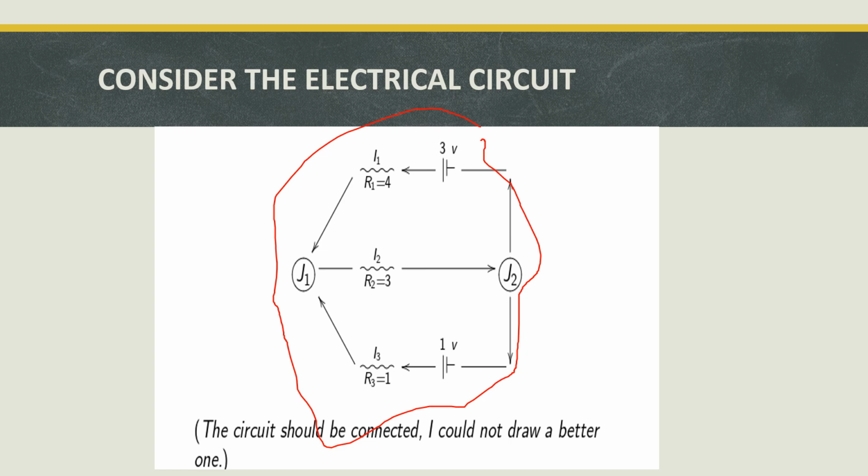Since the current 1 and current 3 is moving towards the junction 1, the equation would be I sub 1 plus I sub 3 is equal to I sub 2, because I sub 2 is moving away from junction 1.